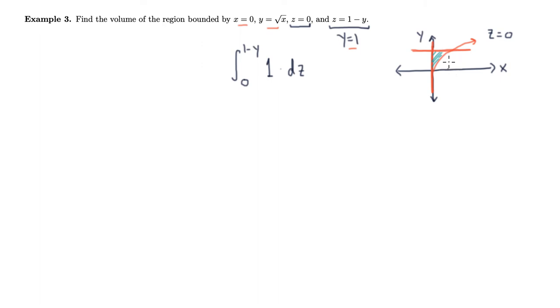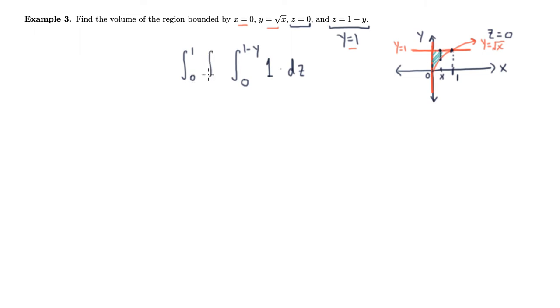Okay, so let's say we fix an x value. Definitely the left bound will be 0. And notice that this line is y equals 1, and this curve is y equals root x, so they'll meet at x equals 1. So we can fix an x value between 0 and 1, and then look at where y is going to go. For a fixed x value between 0 and 1, we're going to start at square root of x and go up to y equals 1.